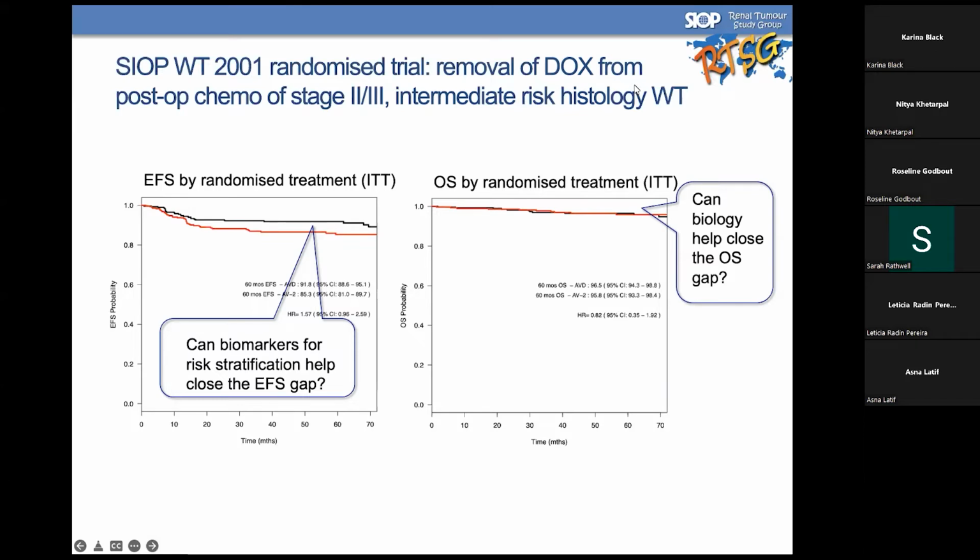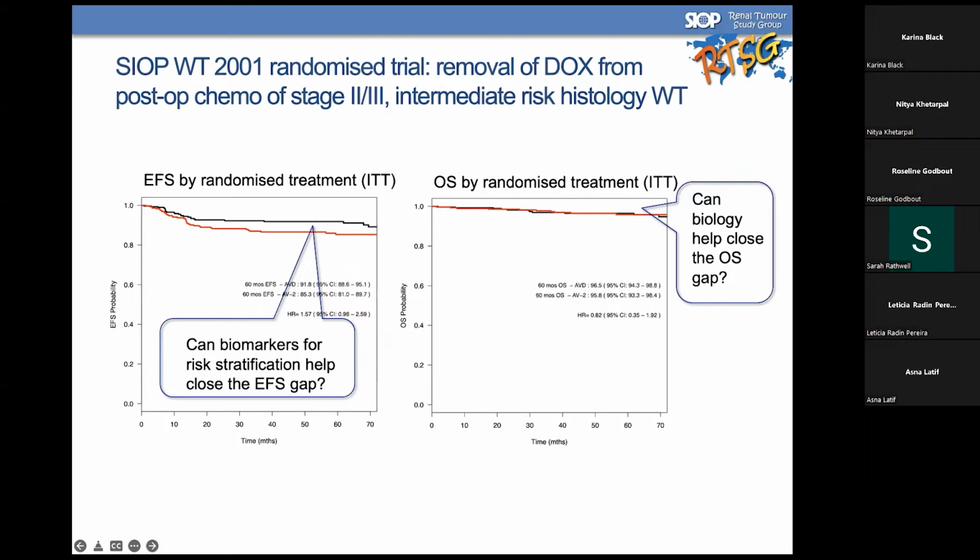And what we did find out, looking at the overall survival rate, is that we can really take this drug out of the treatment protocol because patients with and without doxorubicin are doing the same, and the overall survival curves are superimposable.